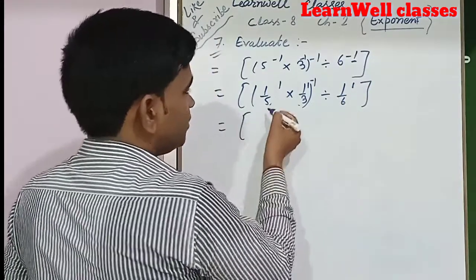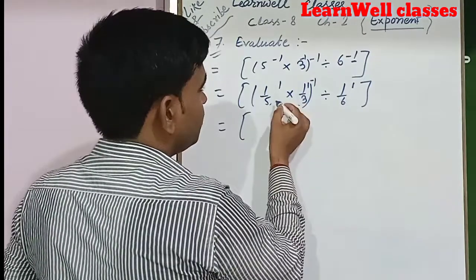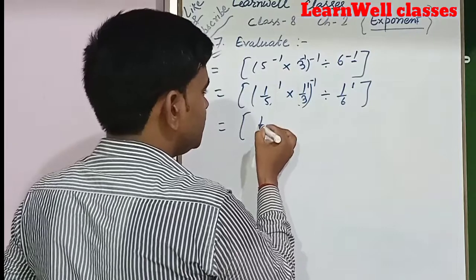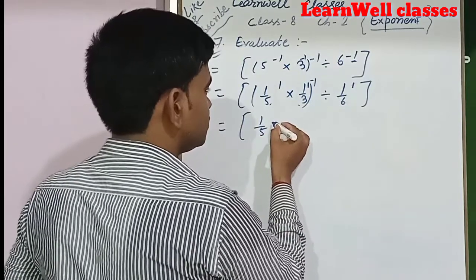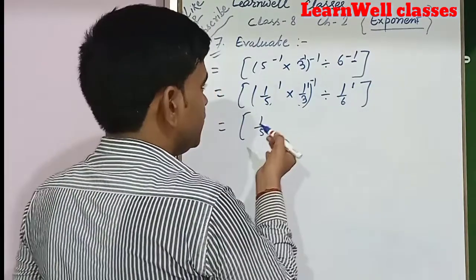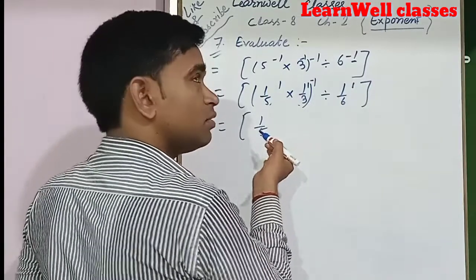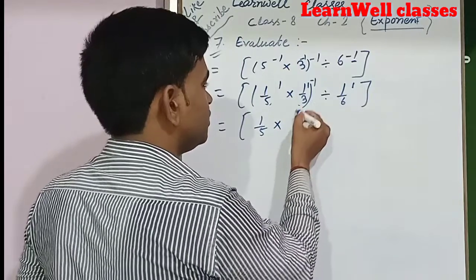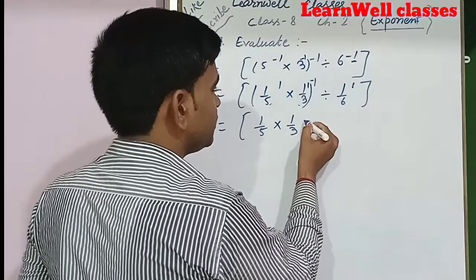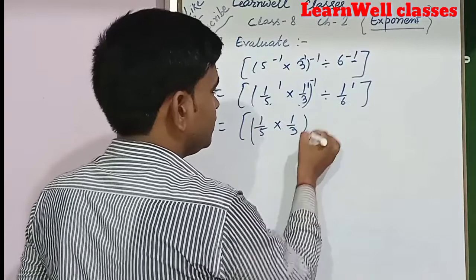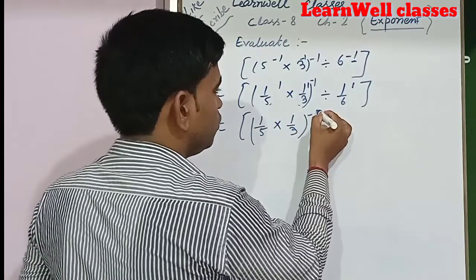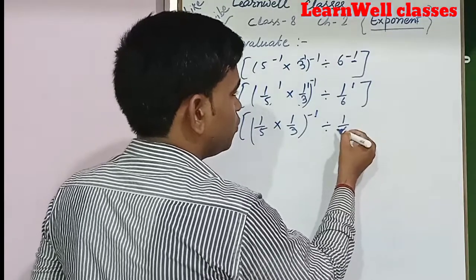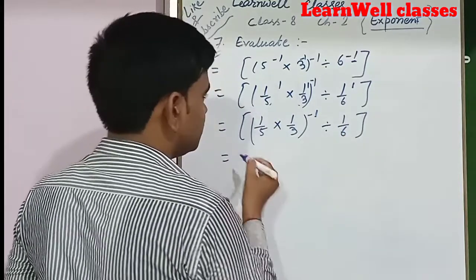Its exponent is 1, so the number stays as it is, because it is multiplied by itself 1 time. So we have 1 upon 5 and 1 upon 3, and the whole exponent is minus 1, divided by 1 upon 6.